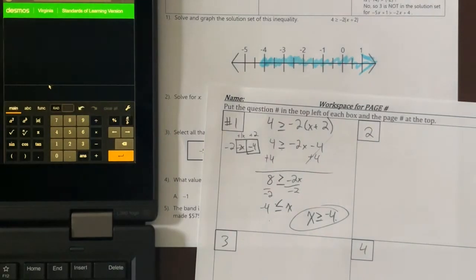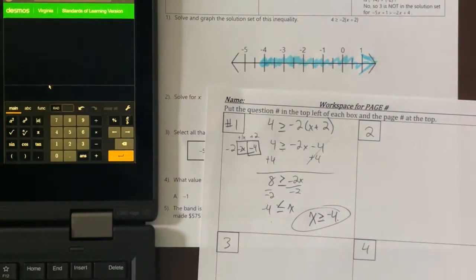All right. Again, you can also check using that Desmos Calculator to see if it works. So what I can do is this. I can type it in exactly as it looks, so I can say negative 2 times quantity x plus 2.